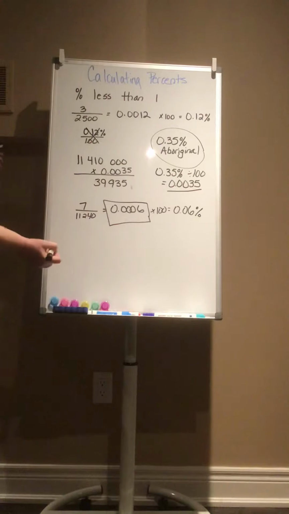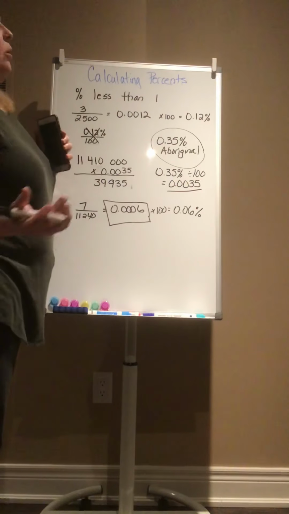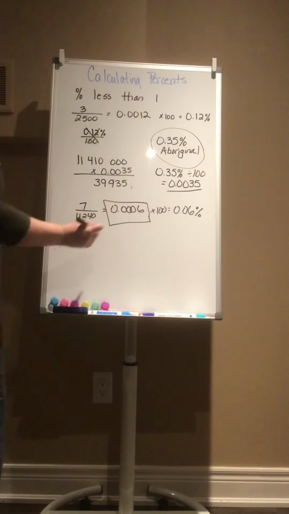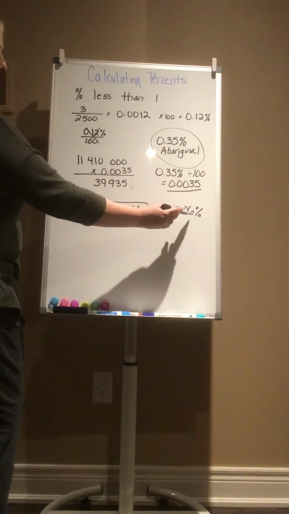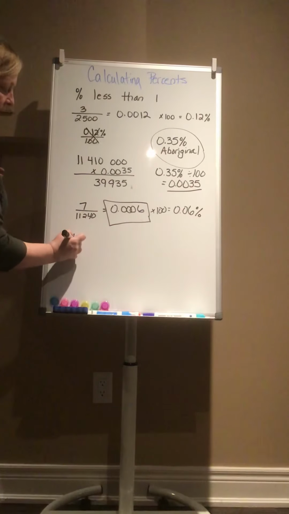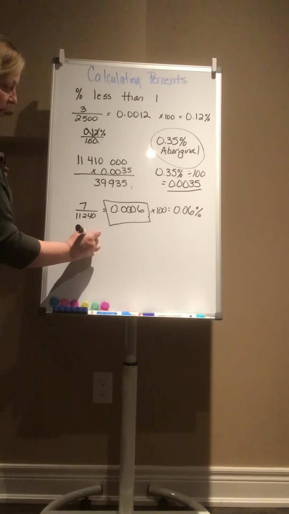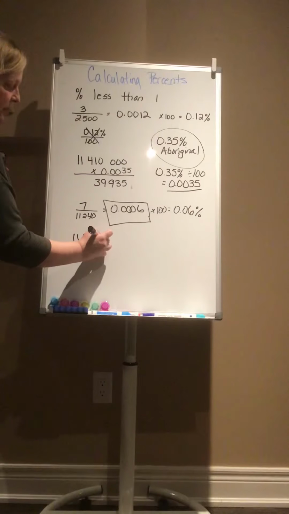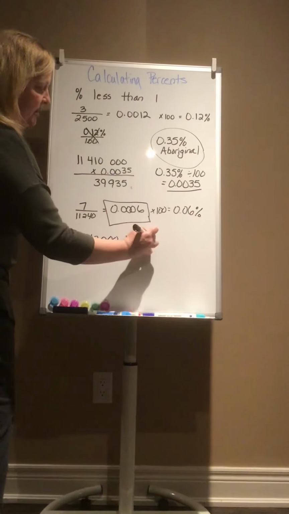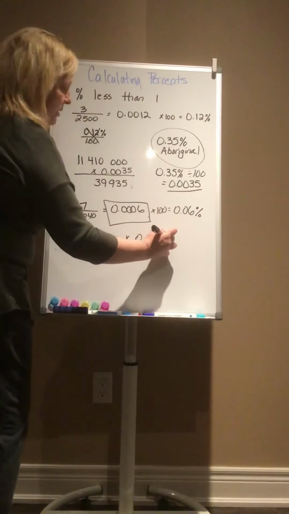It's the decimal number I need to use. So let's say the South African population in Ontario was 0.06%. What I would do this time is 11,410,000 times 0.0006.